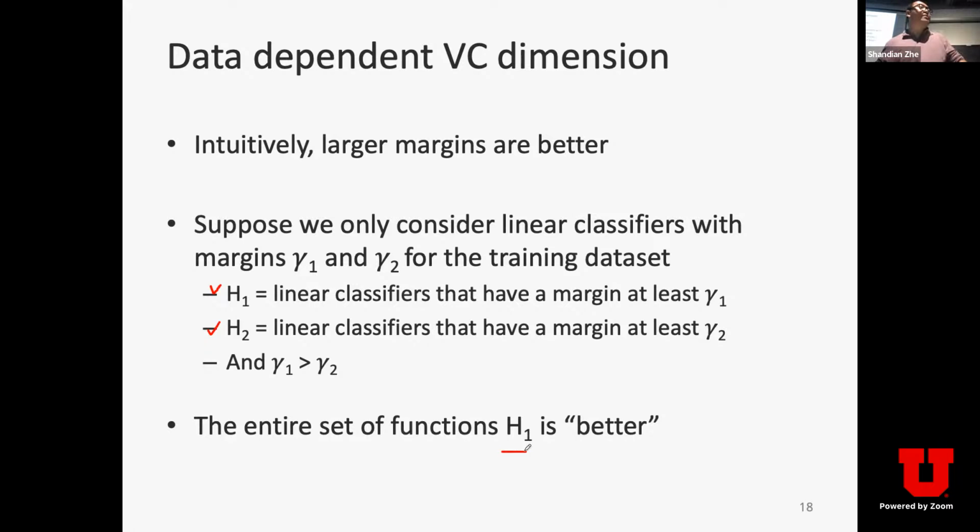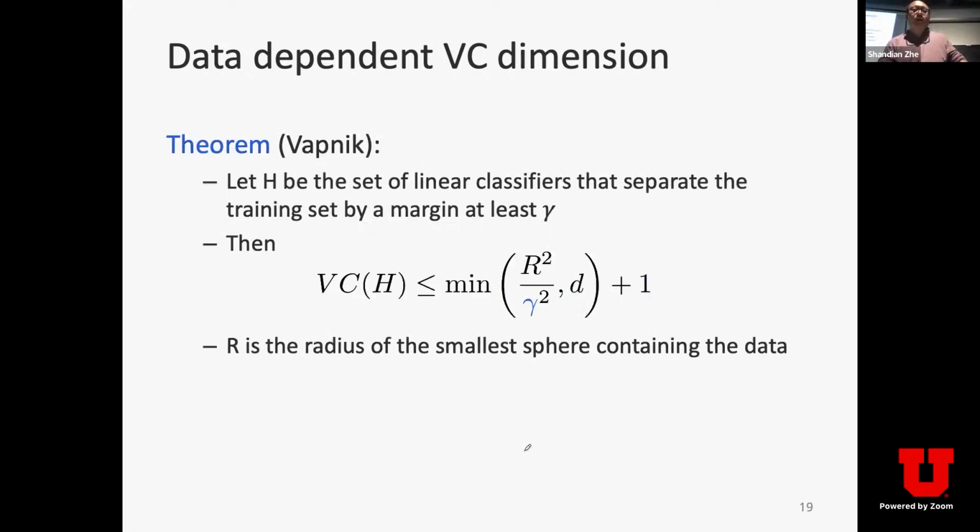So can we justify this in theory? The answer is yes, and this is a theorem provided by that paper. Let H be the set of linear classifiers that separate the training set by a margin at least gamma. Remember, this is the exact definition we just mentioned.